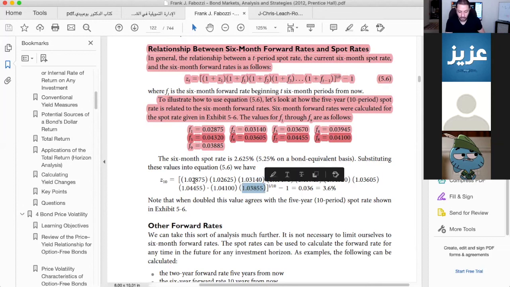Now the whole expression here is to the power 1 by 10, minus 1, equal to 3.6%.